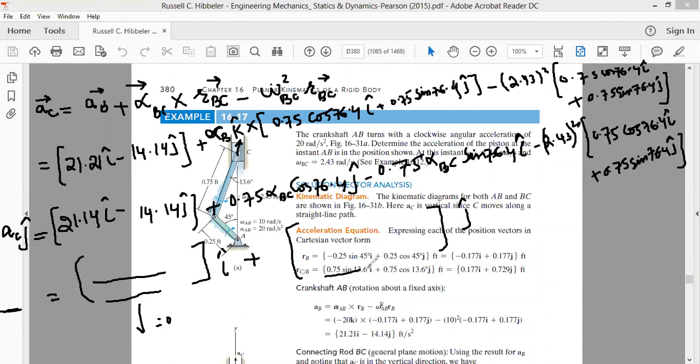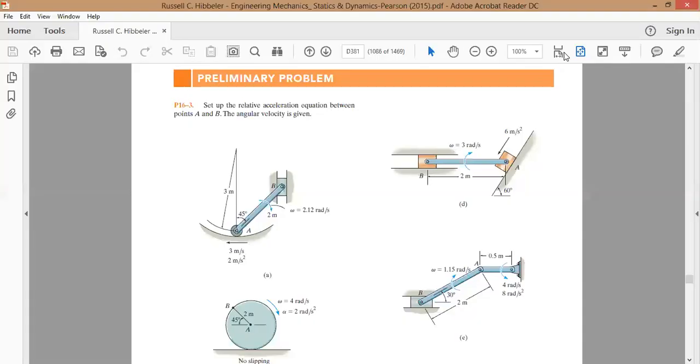The j components should be equal to AC. From this equation we will obtain the value of alpha BC, and from this the acceleration of point C. I'm leaving these steps to the students. A little modification: the j components are not equal to 0, but the i components are equal to 0 because there is no i component on the left-hand side.